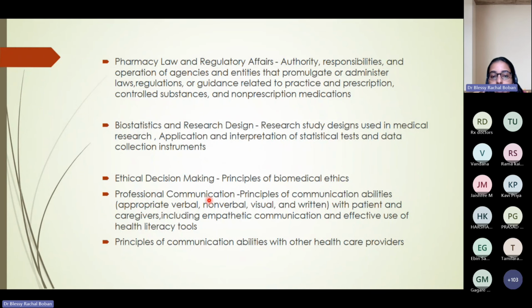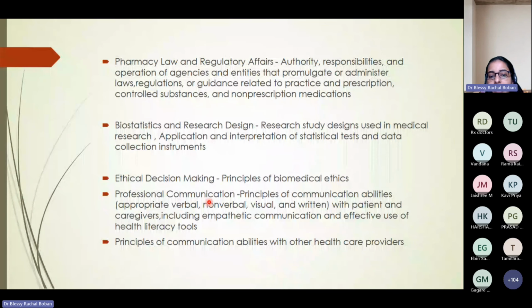And professional communication. And one more thing I have to tell: please be good with your basic medical abbreviations. If you see BSA, you must know it's body surface area. If you see MTX, you must understand that is the drug methotrexate. Don't expect they will give you the expansion. They are not going to give the whole expansion. You must understand such basic things.